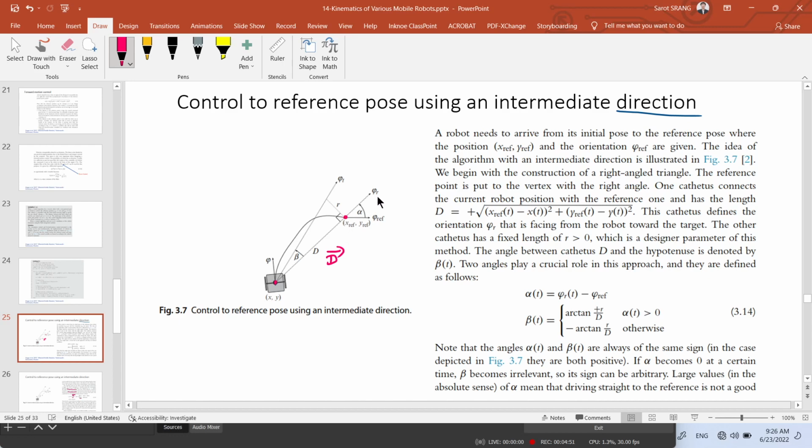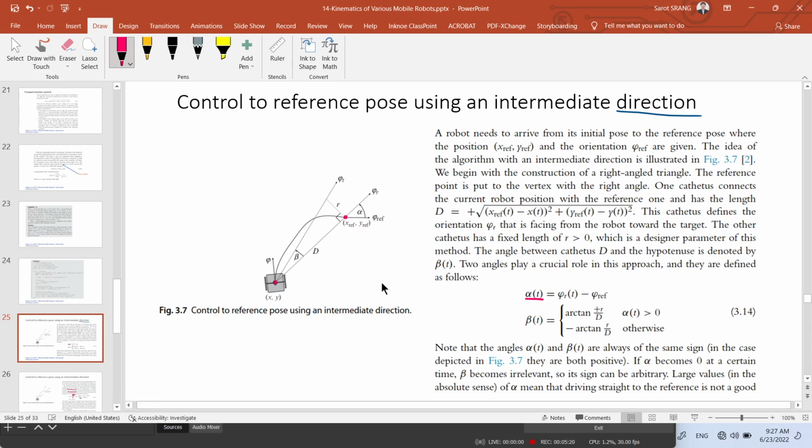So phi r can be computed using arctan2 of the y component of vector d and the x component of vector d. Alpha is the difference between phi r and phi goal, the phi reference.